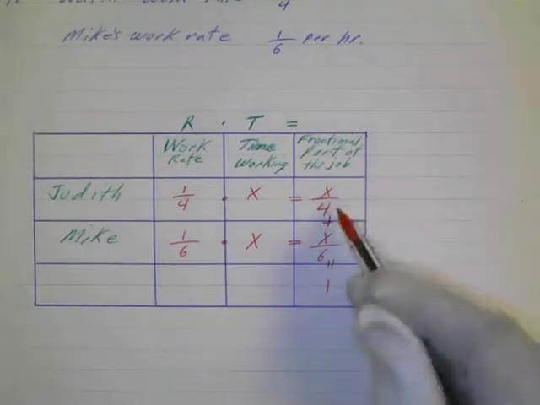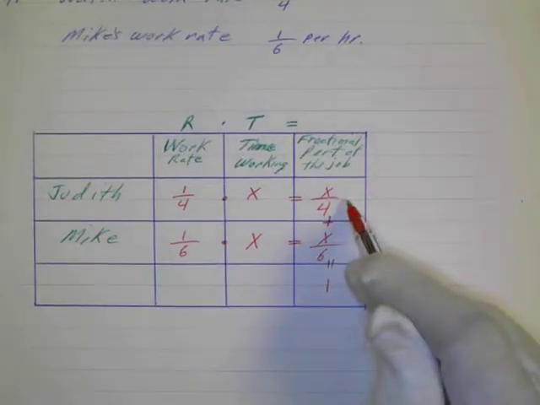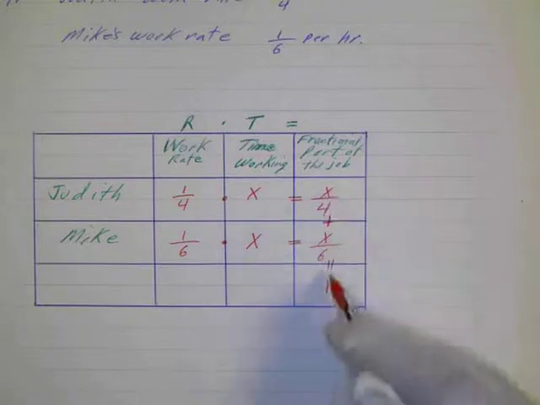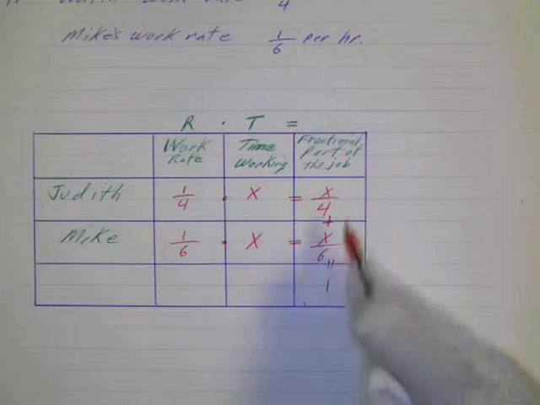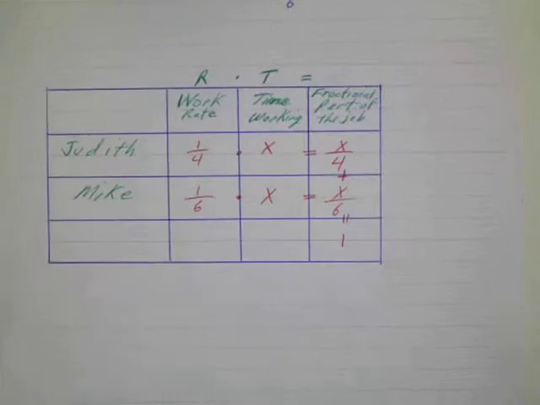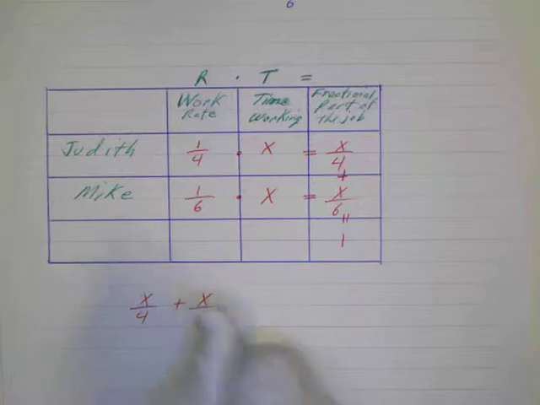We want the fractional part that Judith does added to the fractional part that Mike does to be one complete job. In other words, if she did 2/3 and he did 1/3, 2/3 plus 1/3 is 3/3, one whole job. So there's your equation. That goes down here: X/4 plus X/6 equals one job.